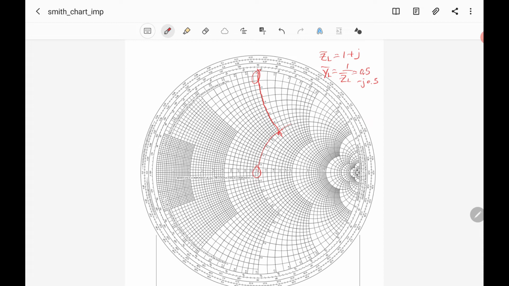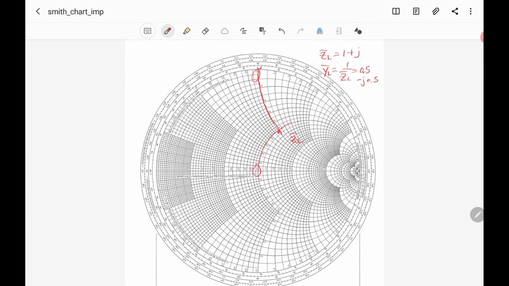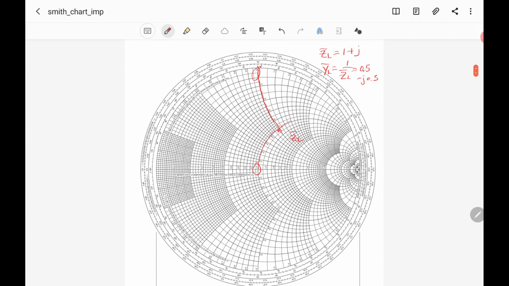So ZL is here, and we find the point opposite to it, which will be here. So this is a 180 degree shift, just opposite according to this origin.